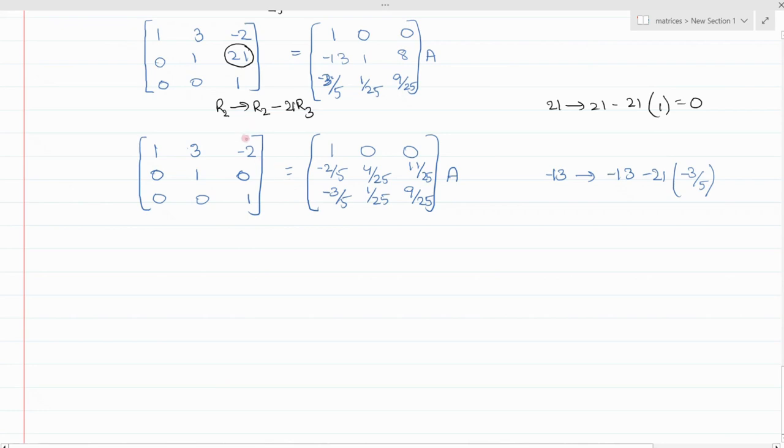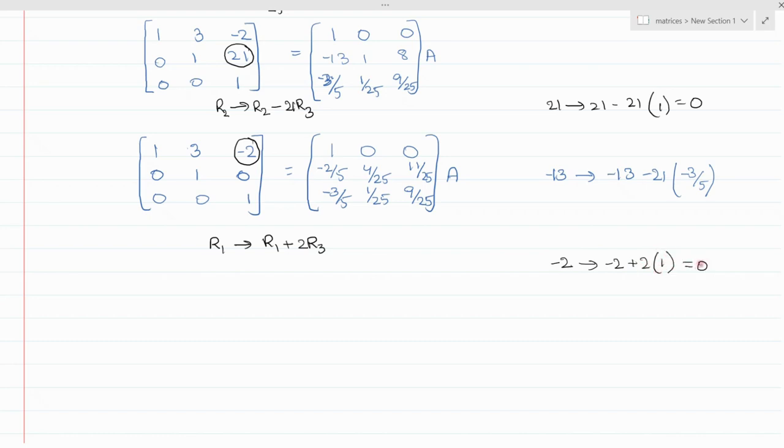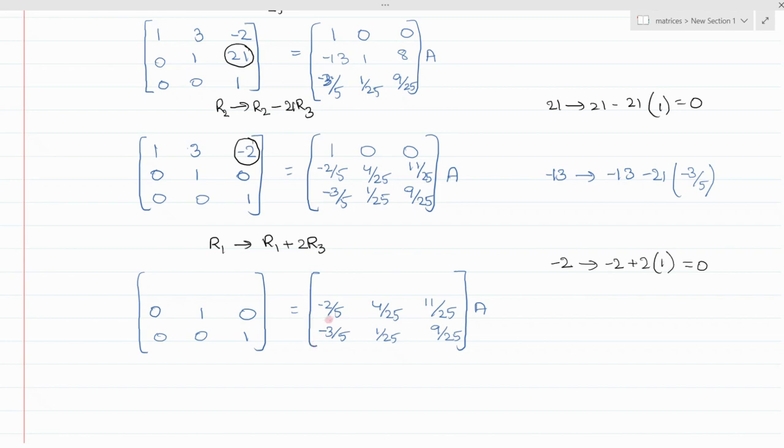Now we need to convert this element to 0. So row 1 changes as row 1 plus 2 times row 3. Because minus 2 changes to minus 2 plus 2 times its corresponding row 3 element, it will become 0. Row 2 and row 3 elements remain as they are.